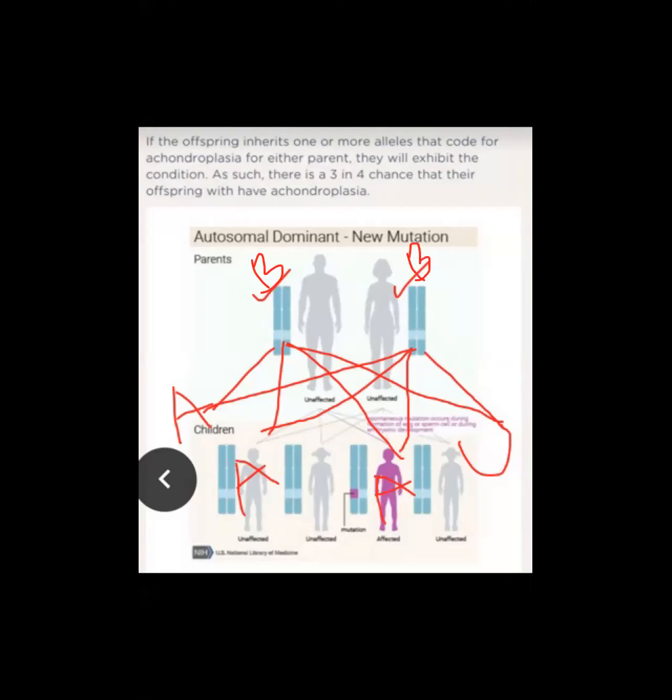We know in each chromosome we have 2 genes, one good gene and one bad gene. So how will you multiply this? How will you draw this picture? Let me show you how I will draw this picture. Here, this is the man and this is the woman.